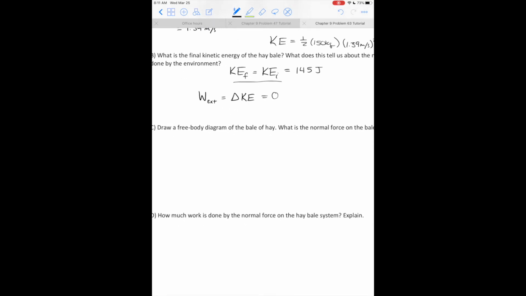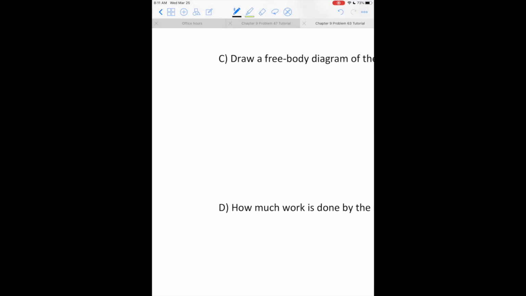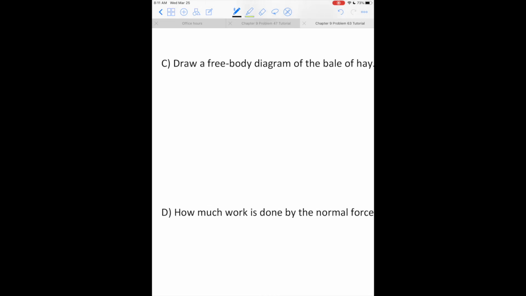So draw a free body diagram of the bale of hay. What's the normal force on the bale? So this is bridging the gap from chapter 6, 7, 8. Let's draw a free body diagram. The easy force to draw is always my gravitational force. We're in an x prime, y prime plane.